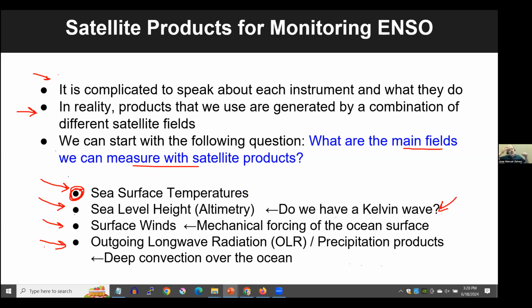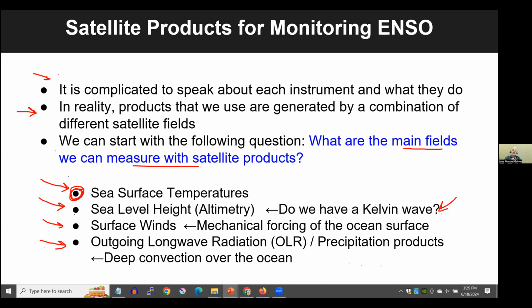Outgoing long wave radiation, OLR, describes the radiation that is going from the atmosphere into space. The radiation that your body is emitting depends on the temperature of the body. So if you have thunderstorm clouds, the top of those thunderstorms are going to be cold.